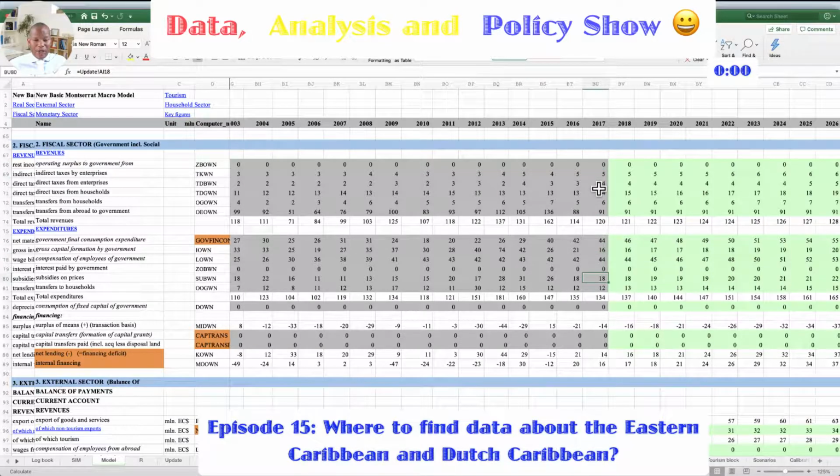You see the gray ones are realized figures. Those are real figures. And for 2018, 2019, we need to estimate this ourselves until the Ministry of Finance or the Central Bank of the Eastern Caribbean present us new figures. We are always using the official figures, and we estimate, and these things are open.